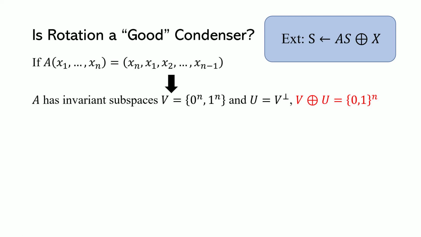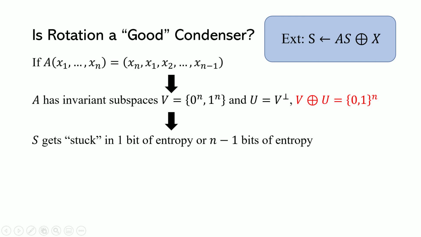It's easy to check that U is also an invariant subspace of A, and U has dimension n-1. If X is uniformly distributed over V, then S will get stuck in one bit of entropy. If X is uniformly distributed over U, then S will get stuck in n-1 bits of entropy.